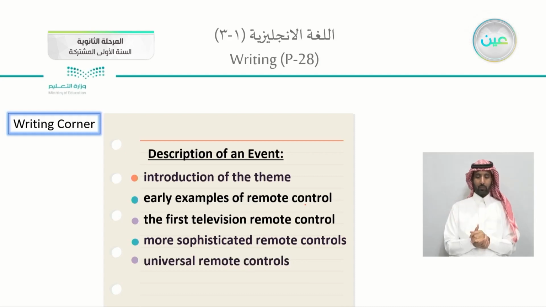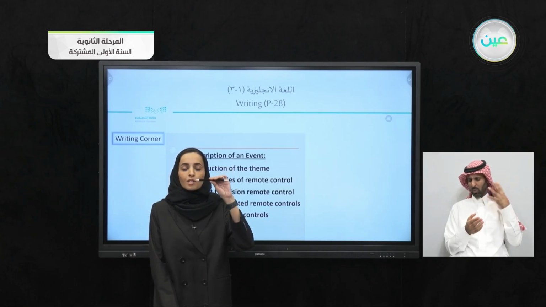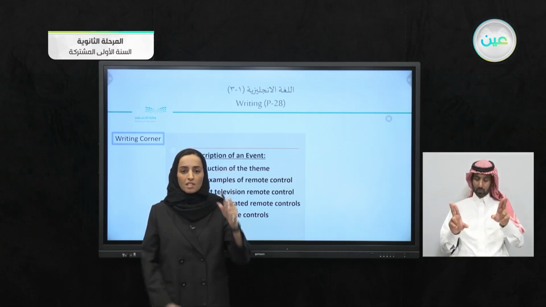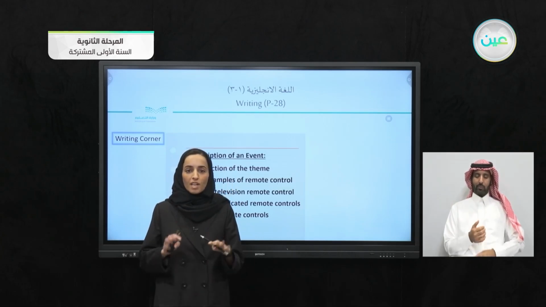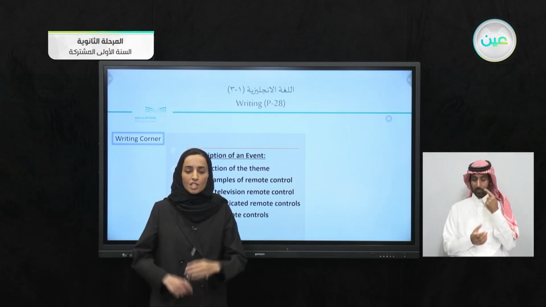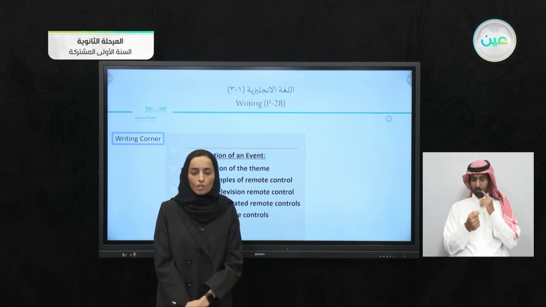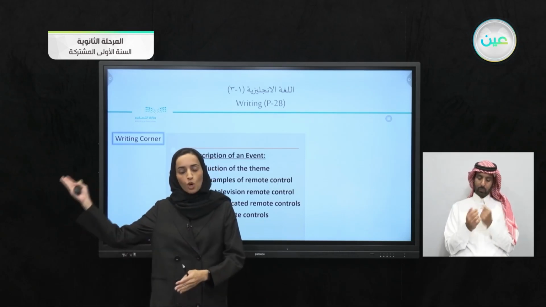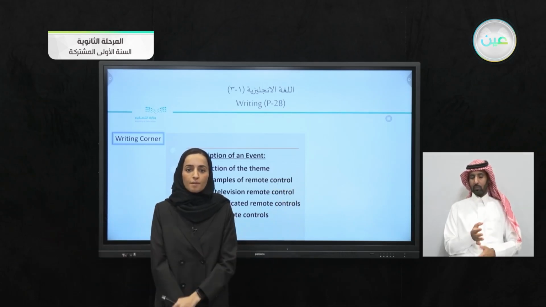So how did we start? Introduction, early examples, then we got to our point, which is TV. More sophisticated, more developed, then the universal ones. And if you notice, the organization is the evolution plus chronological order. We started from the oldest to the newest, from the past to the present.